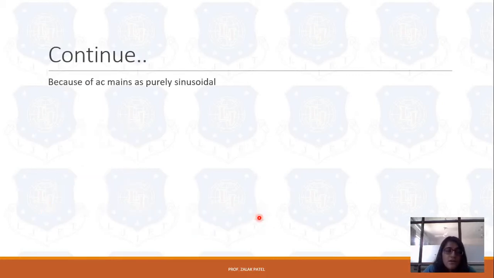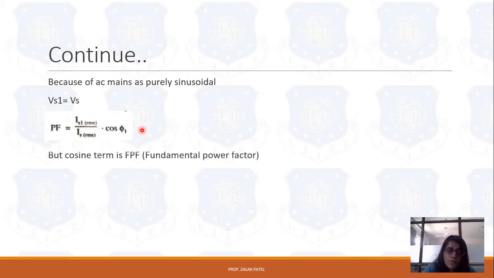It is like this because the AC supply is purely sinusoidal. That's why it is IS1 RMS upon IS RMS, meaning the fundamental value of current component for supply current and the supply current value, into cos phi. So here the cosine term is nothing but FPF.